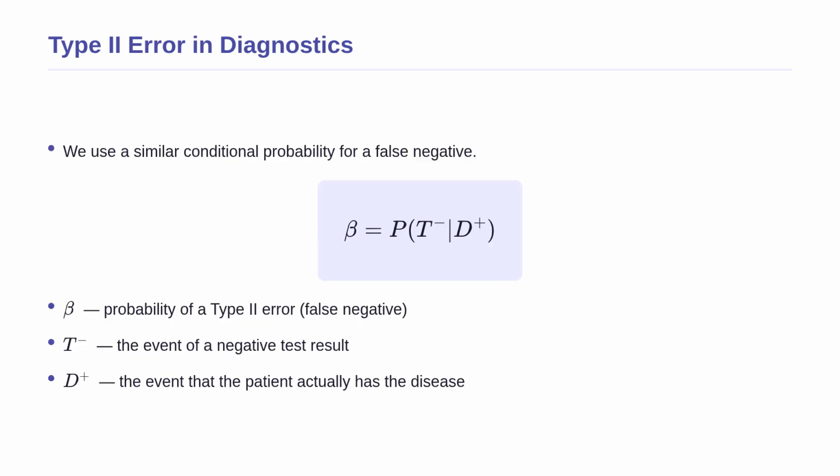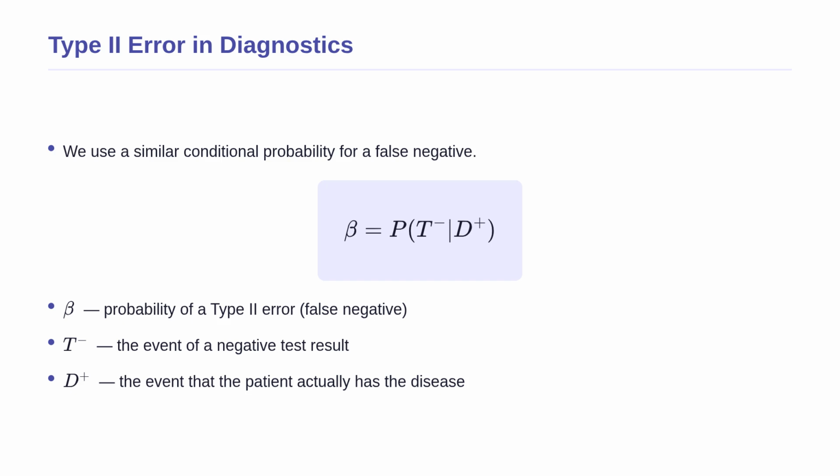We must also define the type 2 error for our diagnostic test. A type 2 error occurs when a sick patient receives a negative test result. Mathematically, beta equals the probability of T- given D+.